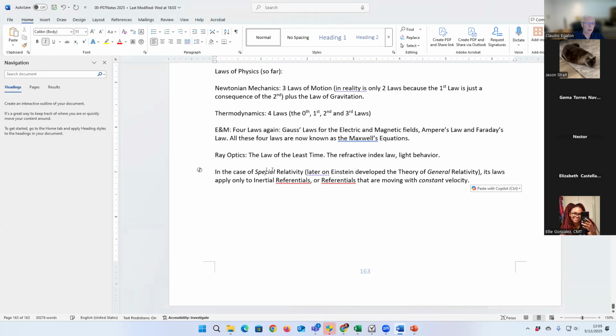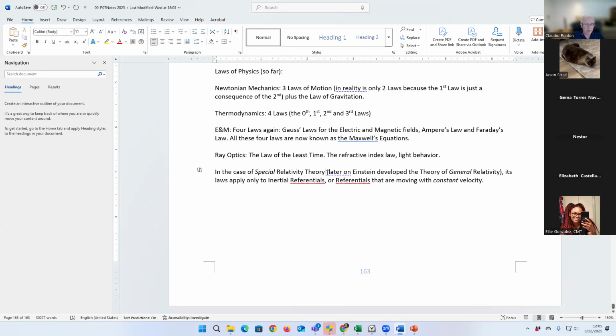Einstein started with the special theory of relativity, right? Notice that he said special. Why is it special? It is special because it applies only to objects moving with constant velocity.